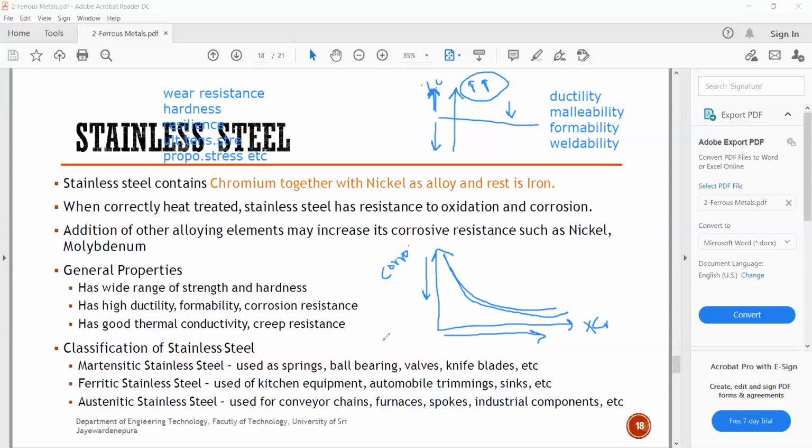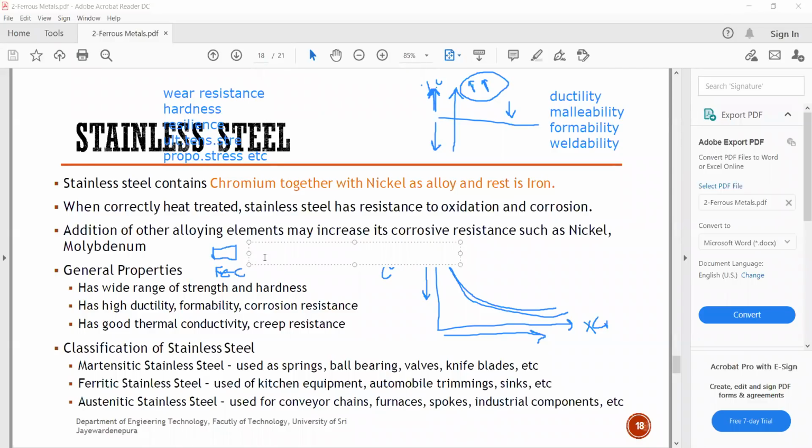Just if I say steel, this is a steel. Steel normally means we have iron and carbon, right? That is a normal steel. So what will happen when you expose this steel to the atmosphere?